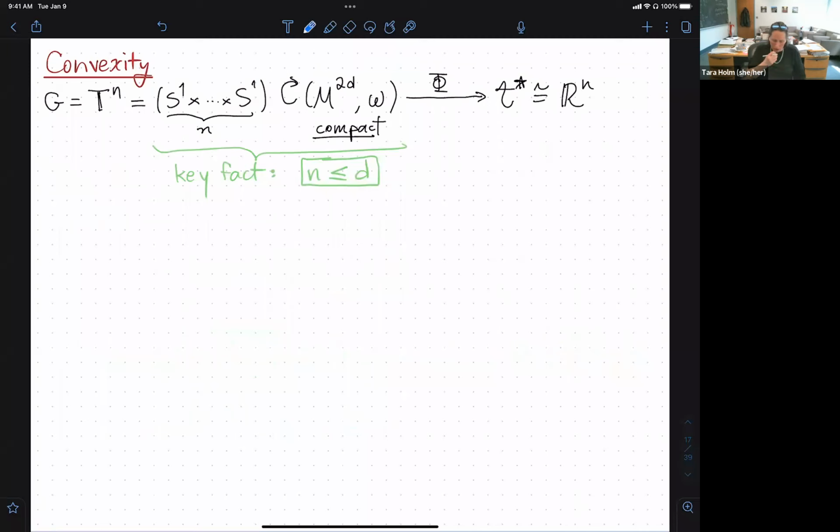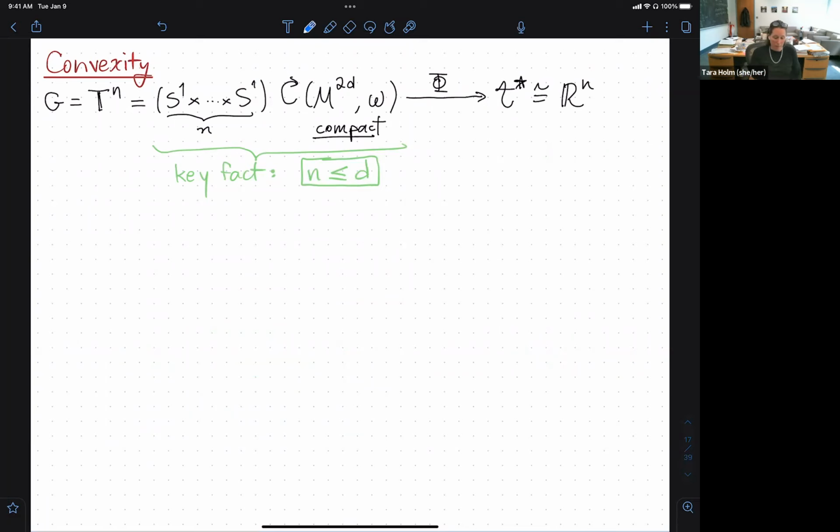One key point: if we have an n-torus acting on a manifold, in the case of an abelian Lie group, the vector fields that the action generates span isotropic subspaces of the tangent spaces of the manifold.